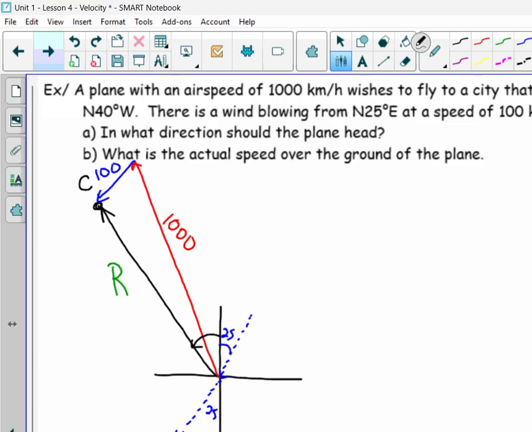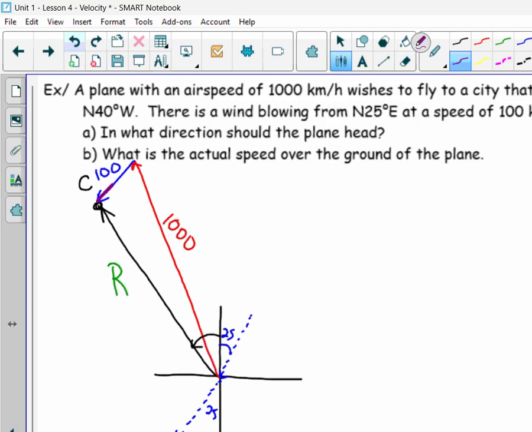Do we see the C pattern? Maybe, maybe not. Hopefully we do. I see the C right there. So if I can figure out this angle, then I can figure out the angle that I want. Actually, I'm going to use the other C pattern, because I don't actually know what the red line angle is.